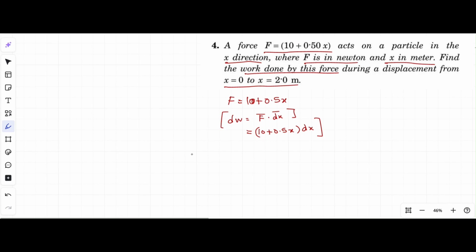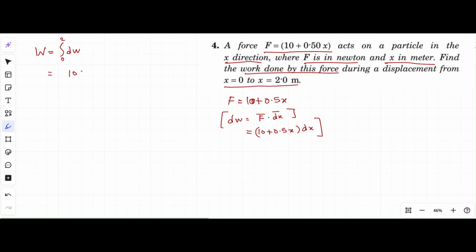Now what will be the work done by this force? So work done by this force is equal to integration of this dW, from x equals to 0 to 2 meter. Now what is this dW?